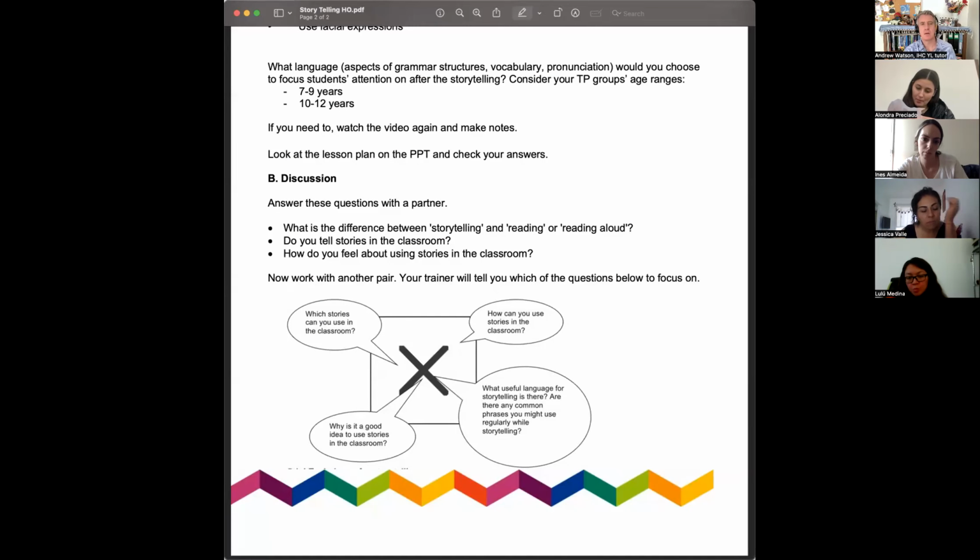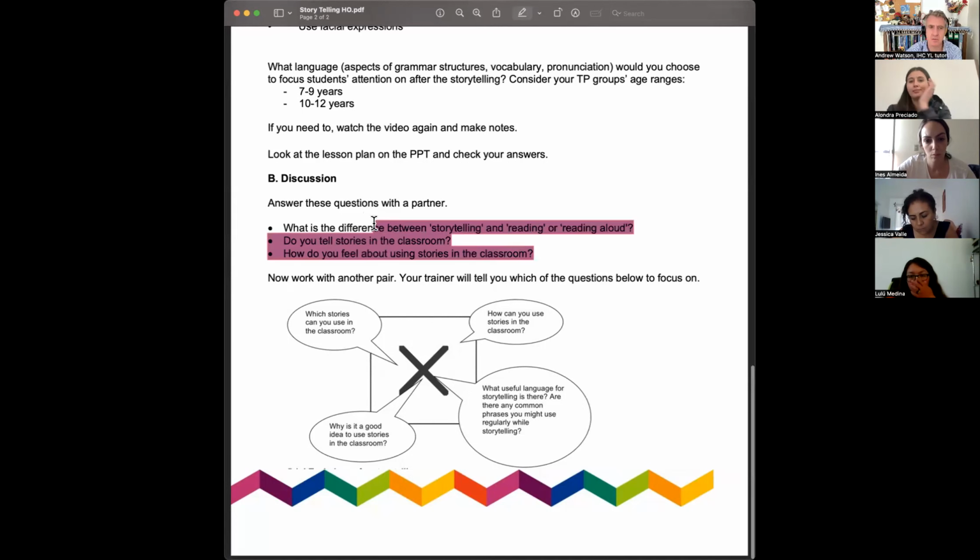let's now think about the wider issues of storytelling. I'd like you to please answer these questions with a partner. What is the difference between storytelling and reading or reading aloud?